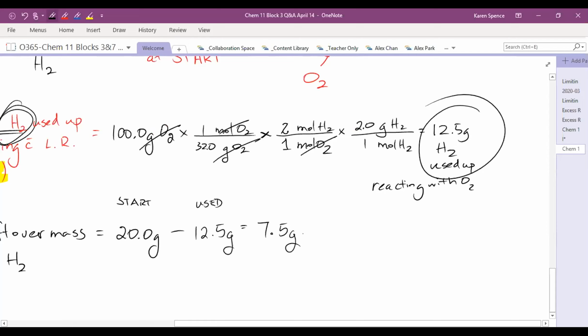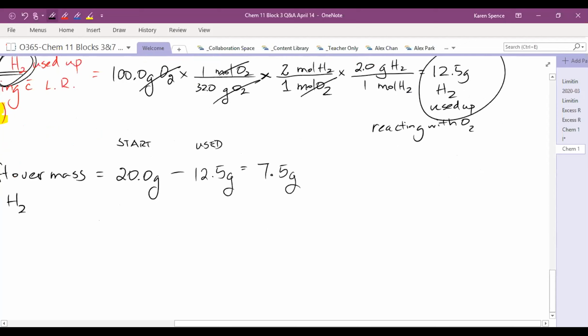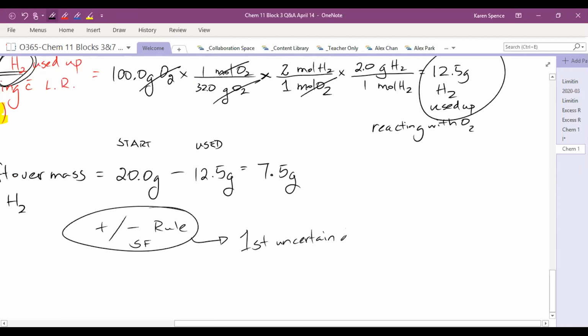And because we have done a subtraction, remember the addition and subtraction rule for sig figs? We go to the first uncertain digit. Okay, that's different than multiplication, where we go to the least sig figs.